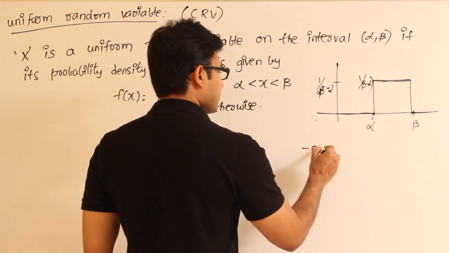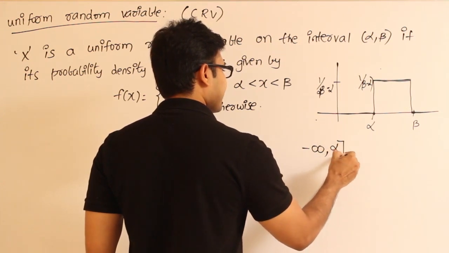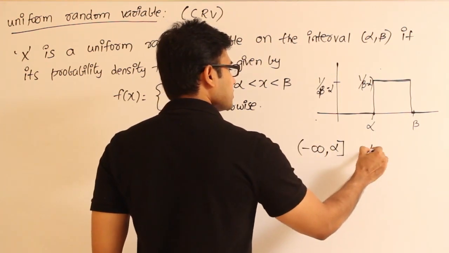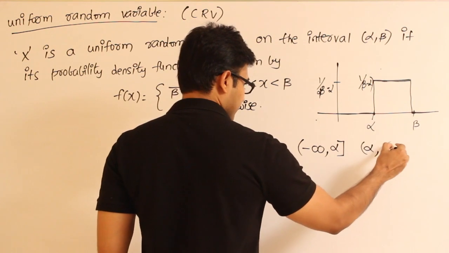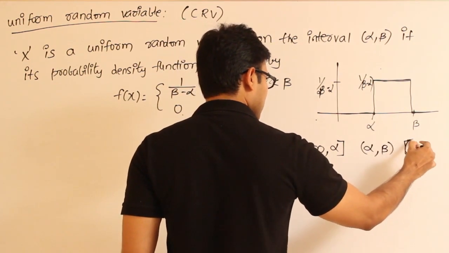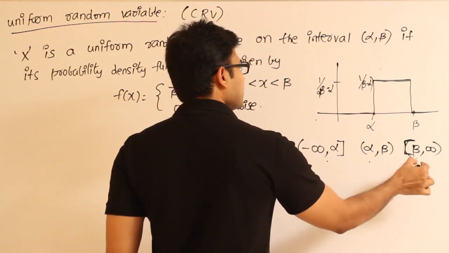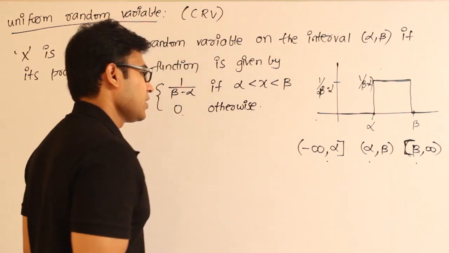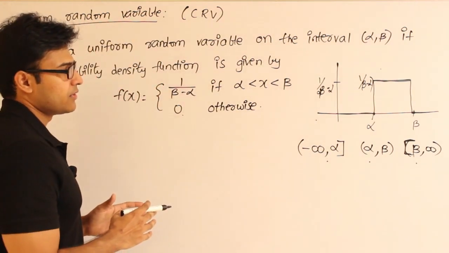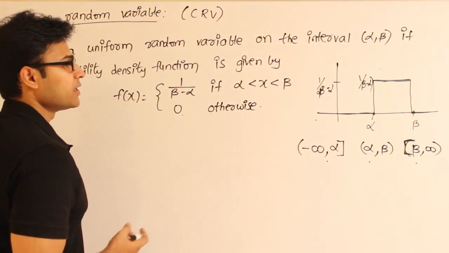One period is minus infinity to alpha, another period is alpha to beta, and the other period is beta to infinity. So we can divide this entire period from minus infinity to infinity into these 3 periods.